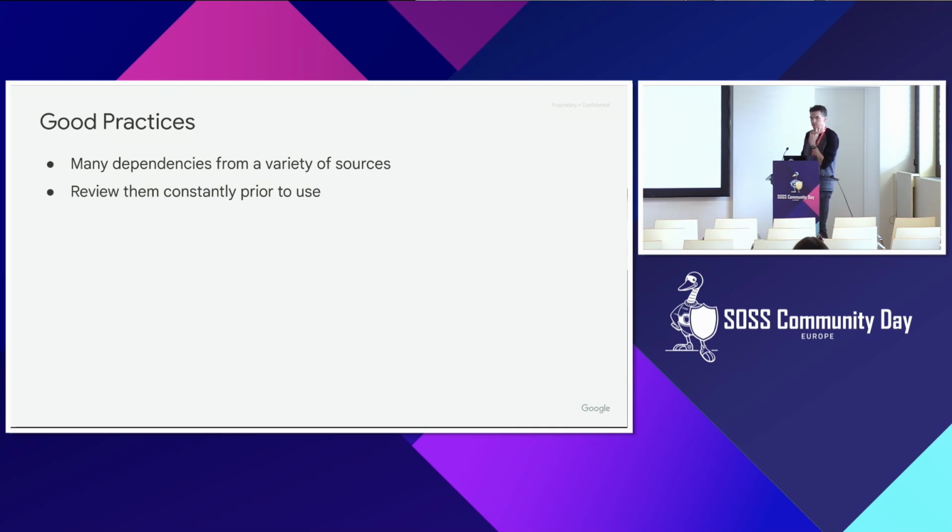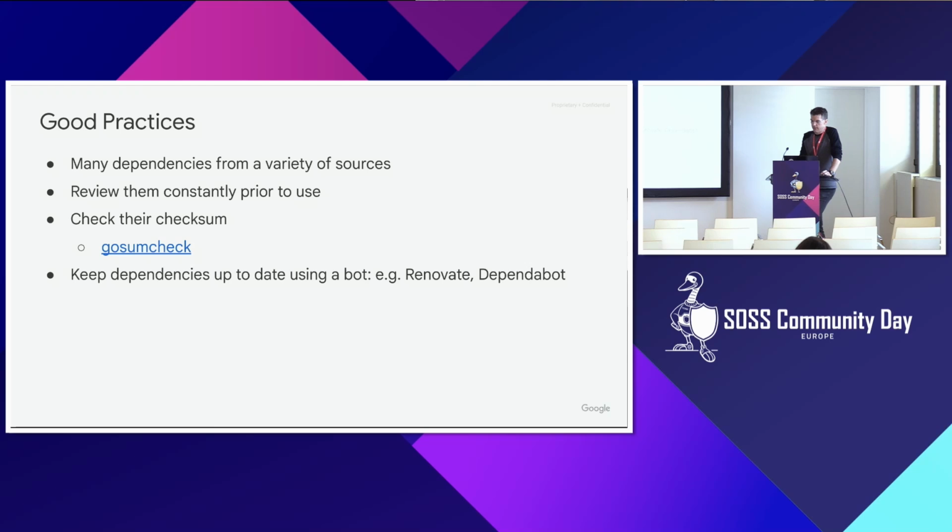So we should review this constantly, and it's not always visible, but we should check where we pull dependencies from. There is also a tool which can be used to check the checksum of these dependencies. And of course, a good practice is to use bots like Renovate, Dependabot, and so on, whatever your favorite bot is, to keep these dependencies up to date.